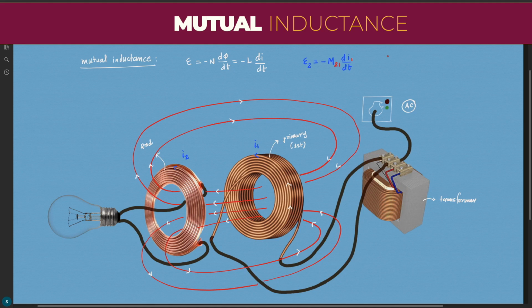Okay, in a similar way, if you dig a little deeper, you will understand that whenever there is a change in current in the second loop, I2, although it is smaller than I1, this I2 will always generate another magnetic field, right? So if I2 is flowing and also changing, then this secondary coil will again generate a magnetic field.